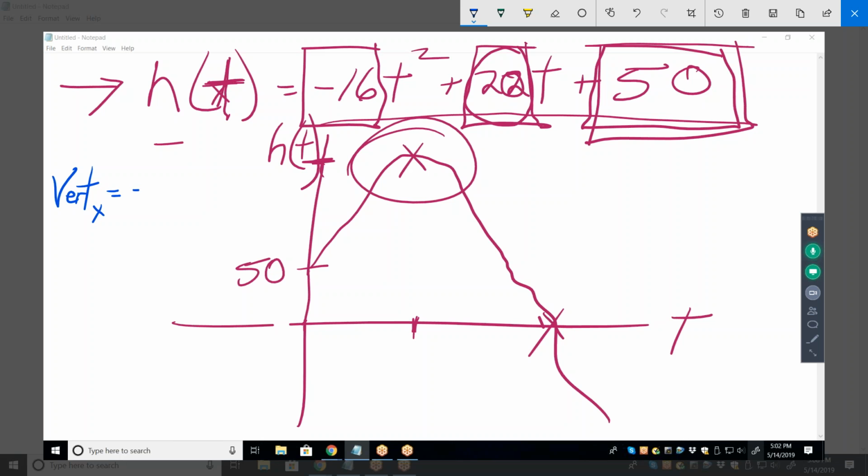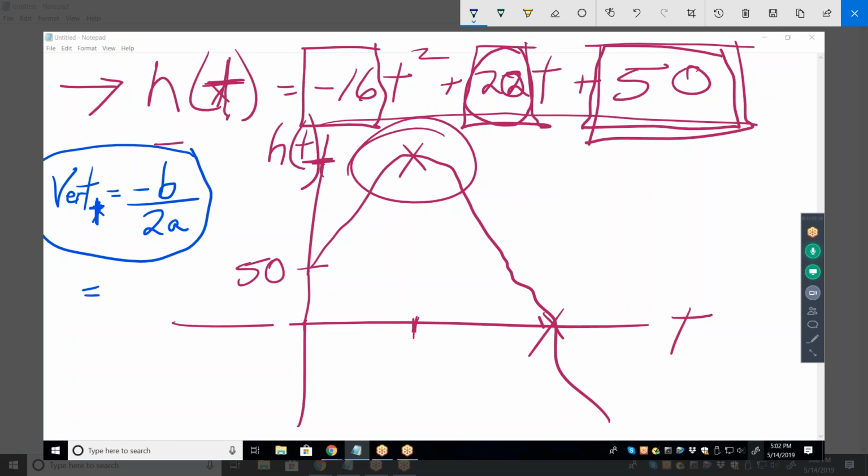There's a real simple way to find the x-coordinate of the vertex, similar to the quadratic formula, the same a and the same b. That will give you the x-coordinate of the vertex, or actually the t-coordinate, because the horizontal axis is in time. So what's that equal to?